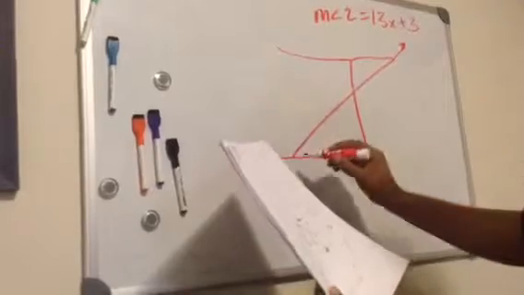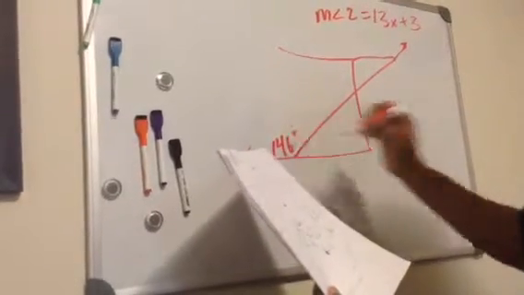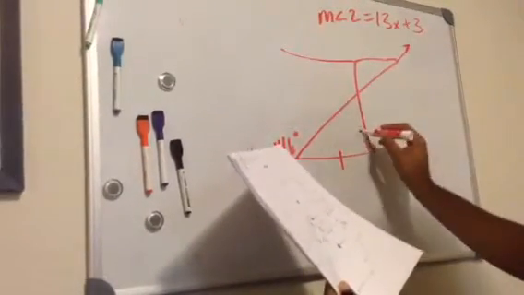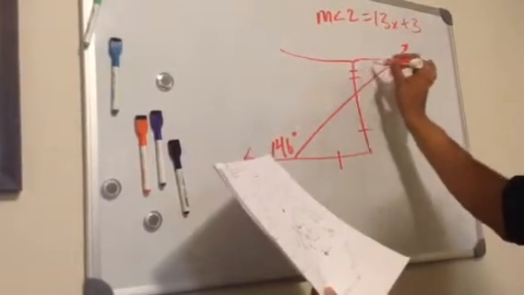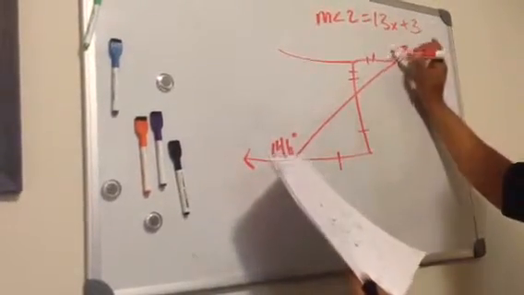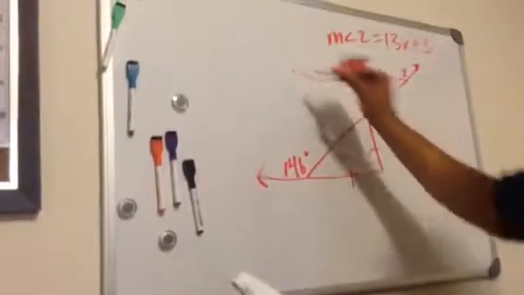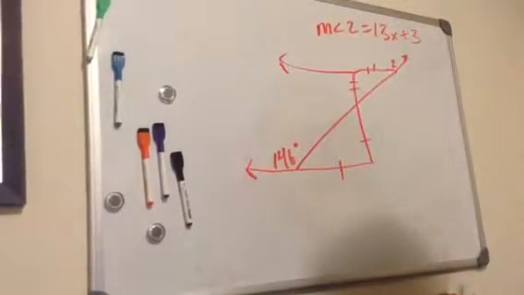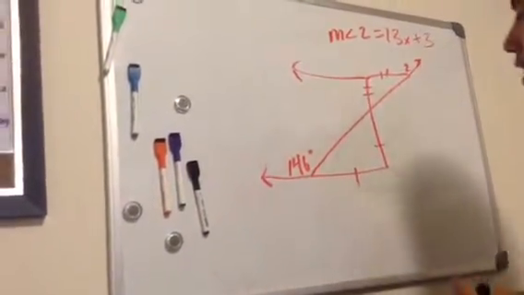And then over here, this is 146, and then we have congruent, congruent, congruent, congruent, and 2. Great. So this is problem 52 in the exam.